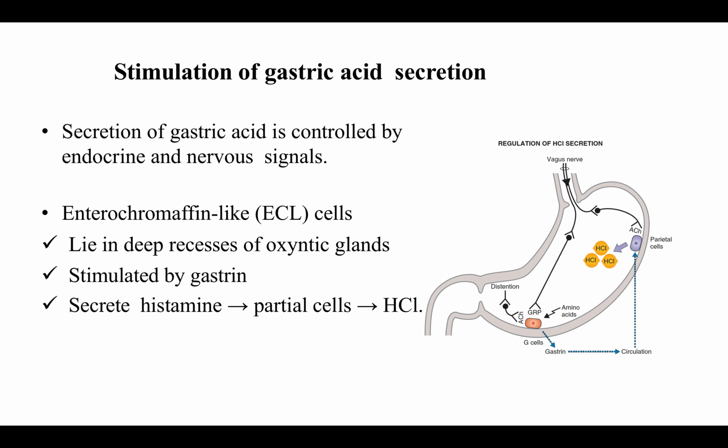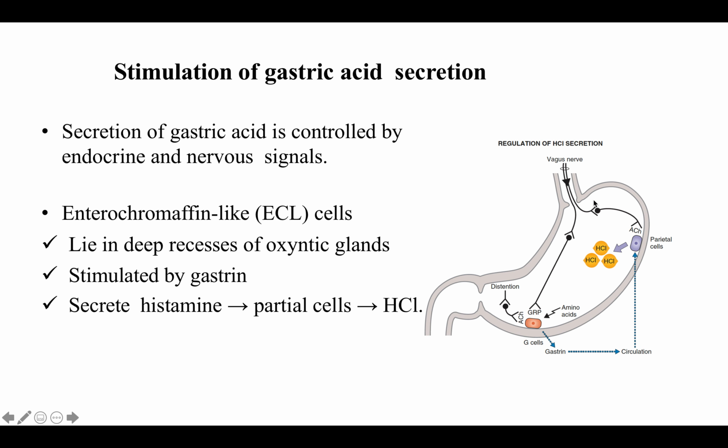Now, the regulation of the gastric acid secretion takes place by two different mechanisms, either nervous control or hormonal mechanisms. If you look at this picture, at the vagus nerve, secretion of acetylcholine will stimulate the parietal cells to secrete hydrochloric acid.